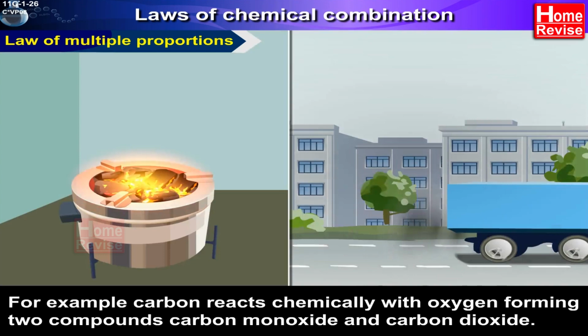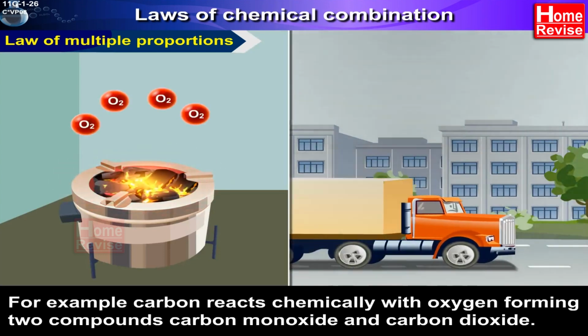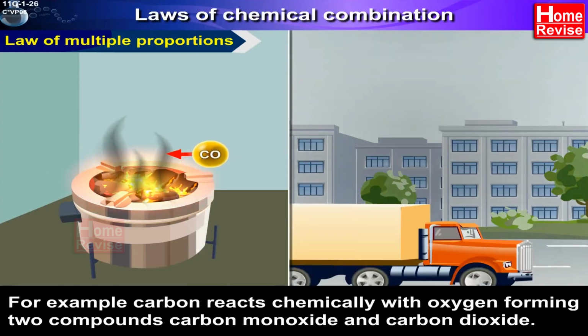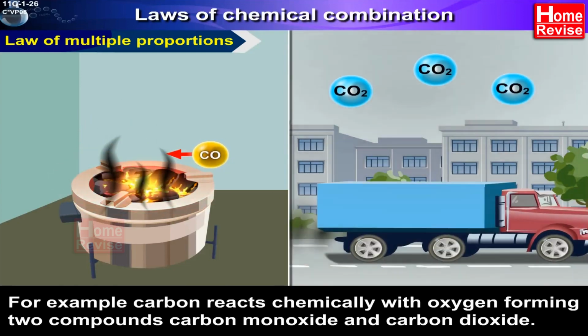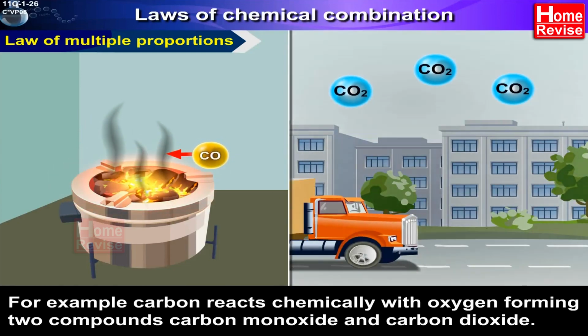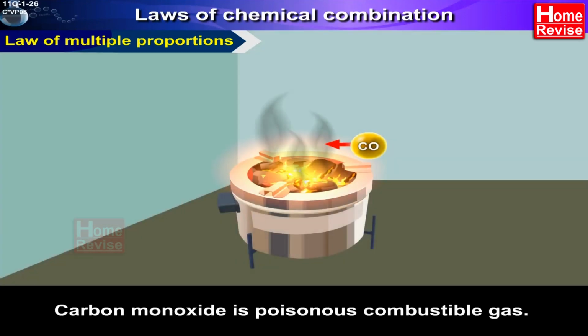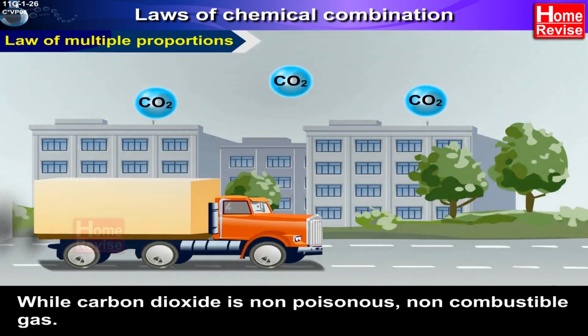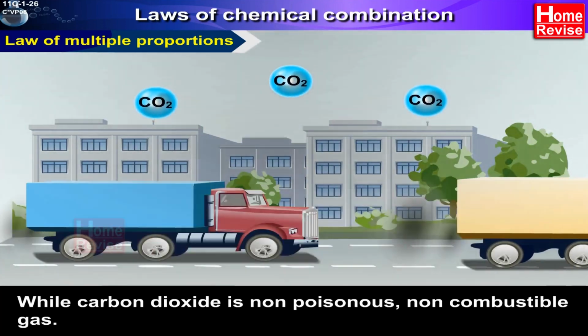For example, carbon reacts chemically with oxygen, forming two compounds, carbon monoxide and carbon dioxide. Carbon monoxide is a poisonous, combustible gas, while carbon dioxide is a non-poisonous, non-combustible gas.